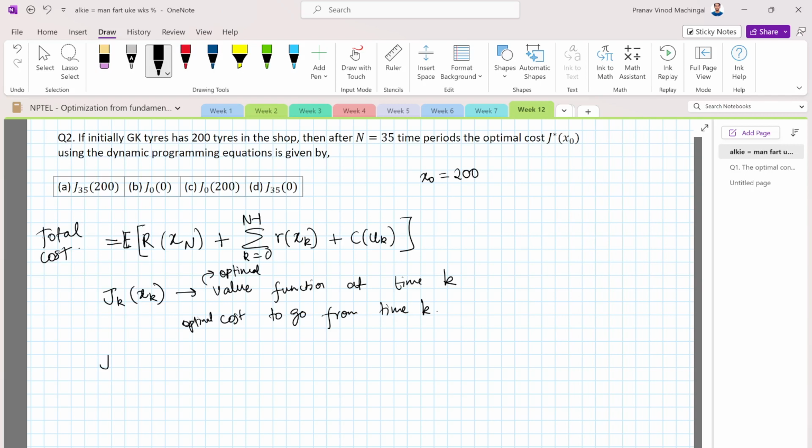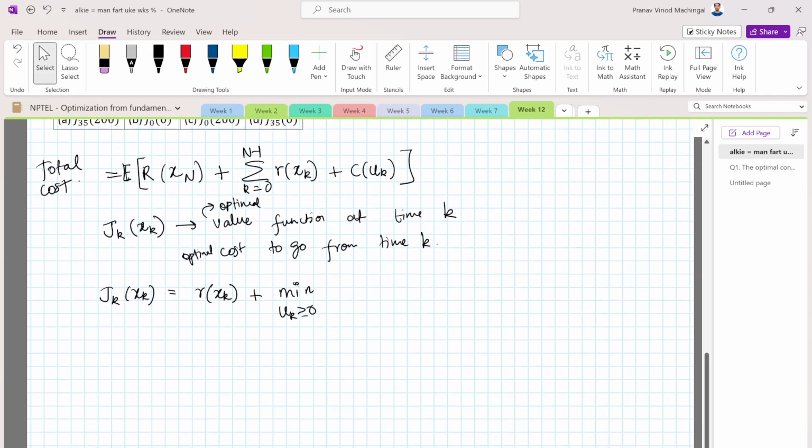And this is defined via the dynamic programming equation as r of xk plus the minimum over uk. So this is your decision variable. It is how much to order.